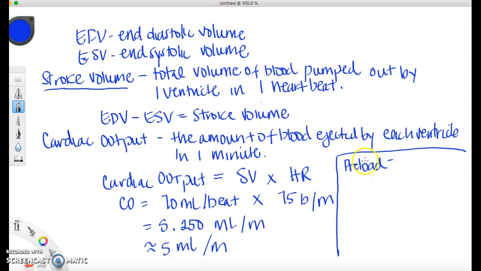So preload is basically the amount of stretch in the ventricles before ejection occurs, before contraction. So the bigger the stretch experienced by the ventricle, the more it's going to push out. Okay, so this is basically the stretch felt on the ventricle walls.